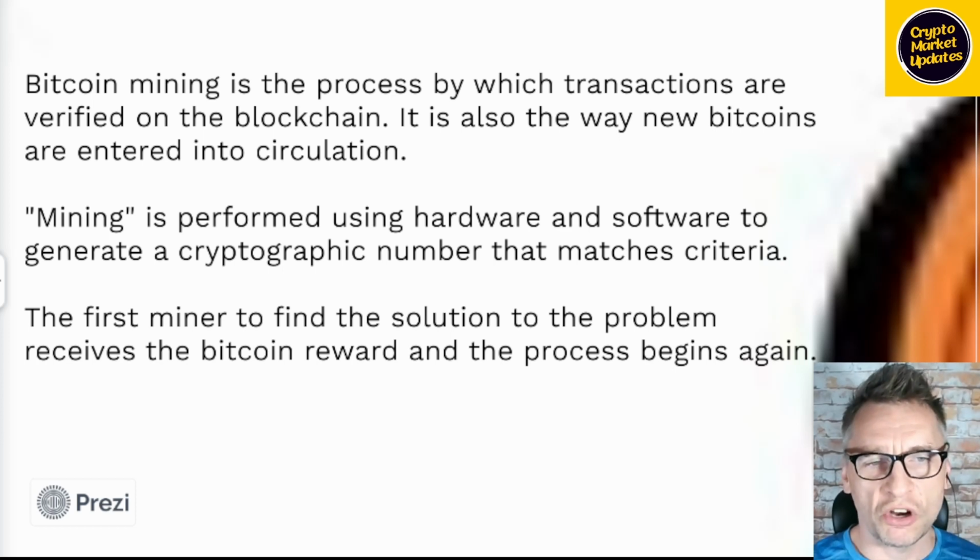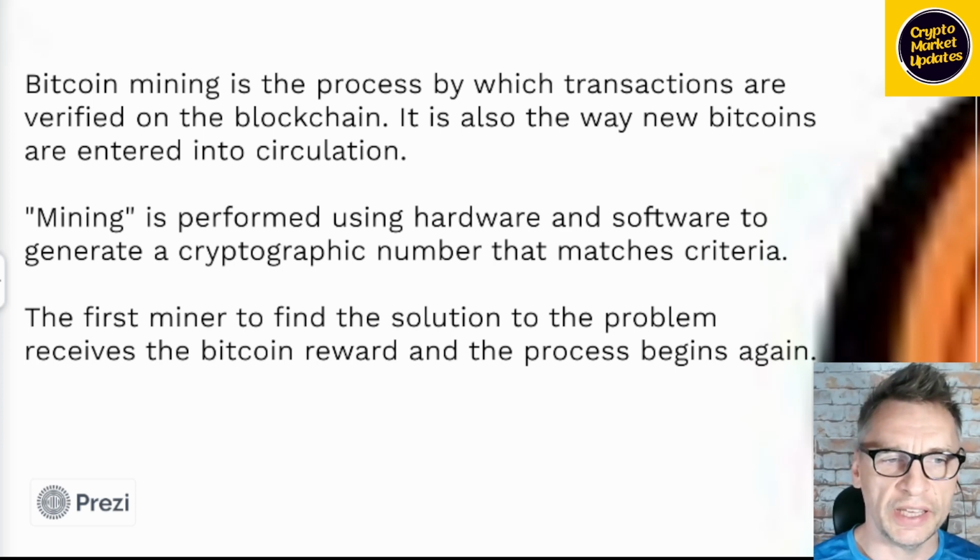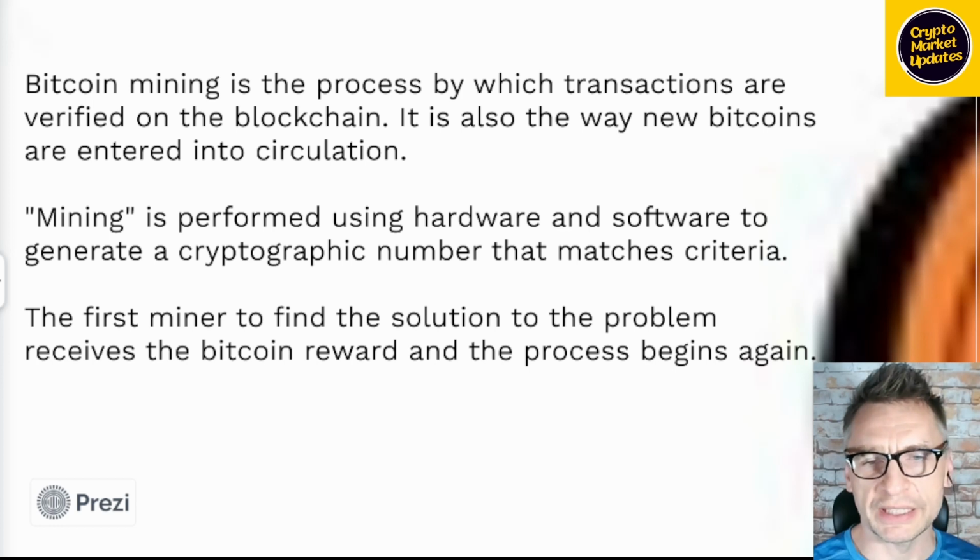Mining is performed using hardware and software to generate a cryptographic number that matches a criteria. The first miner to find a solution to the problem receives the Bitcoin reward, and the process begins again.